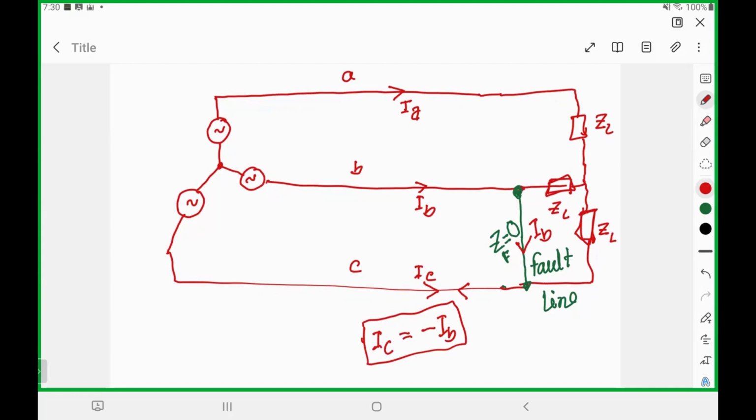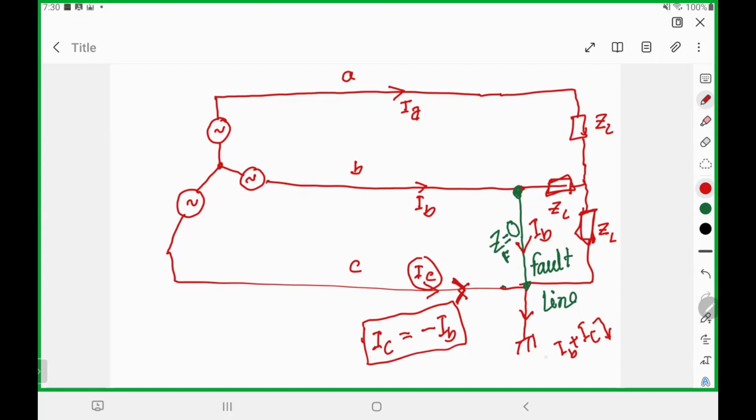Similarly, if you have a three-phase fault and it is connected to the ground from this point, that means this current will be zero, and whatever IB current, or this current, will not be zero. So IB and IC will all go through this one. So I will have IB plus IC going to the ground.